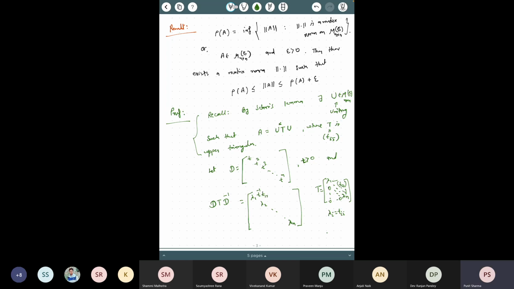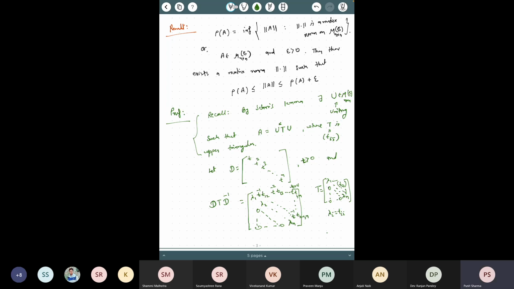It would be this one, T12, then t to the power minus 2 T13, and so on, and this is t to the power minus n plus 1 T1n. And similarly, you can obtain these entries also, t to the power minus 1 T n minus 1 n. And these entries are 0. The lower triangular part is 0.